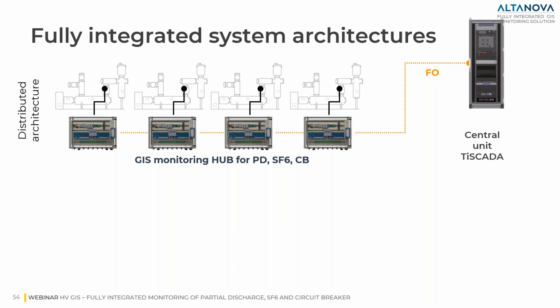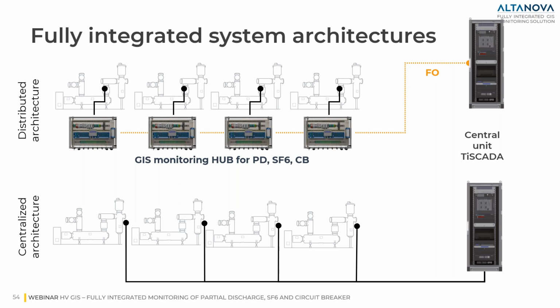The first one is distributed architecture, when we have several GIS monitoring hubs, that can be with only partial discharge or a combination of partial discharge, SF6 or circuit breaker functionalities that are connected through fiber optic to the central unit, or on the bottom, a centralized architecture where all the sensors are connected to the central unit, where we install even all the acquisition units needed to guarantee the monitoring system performances.